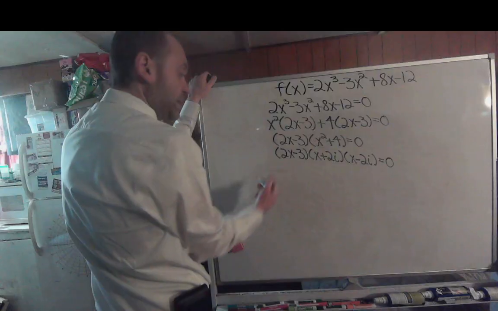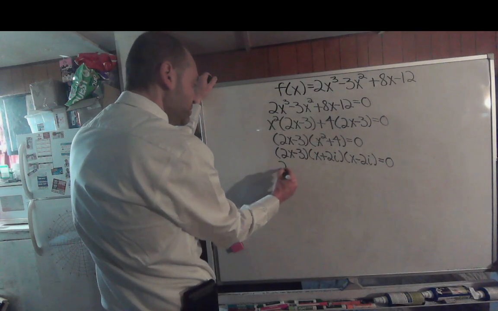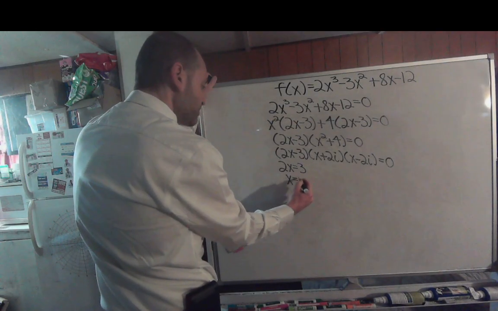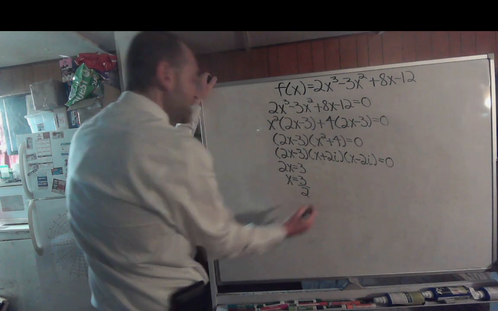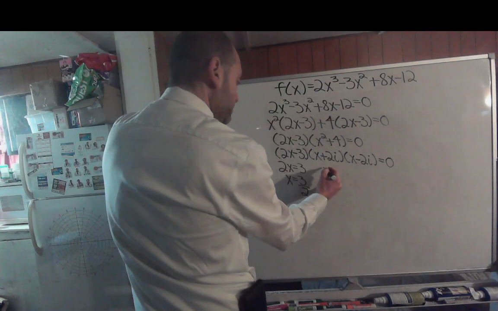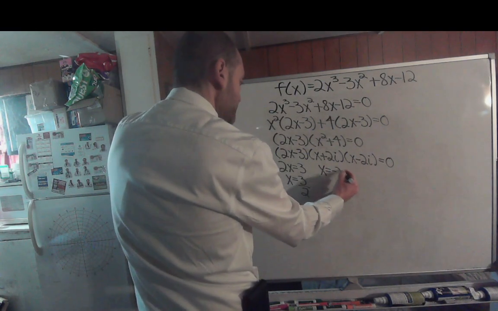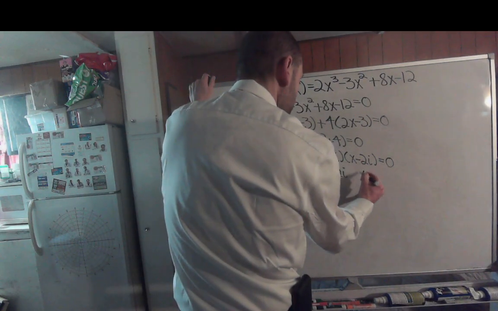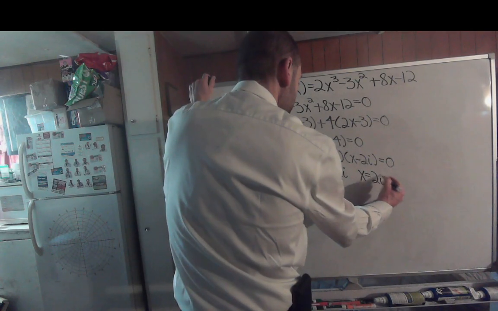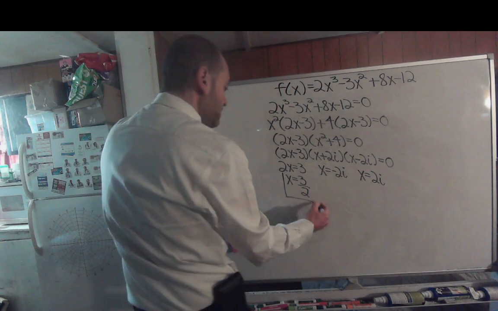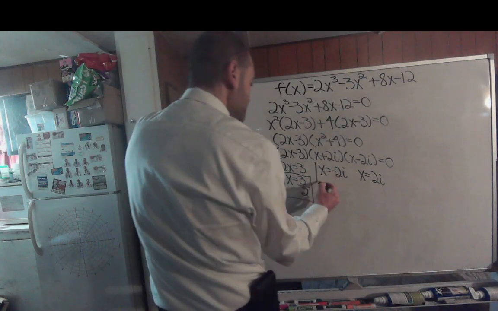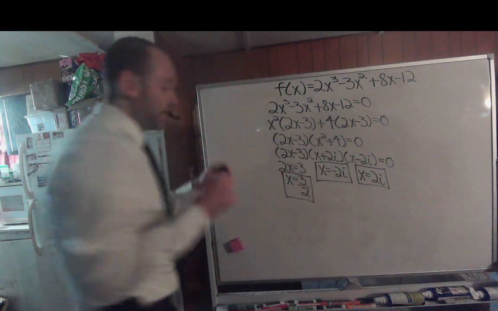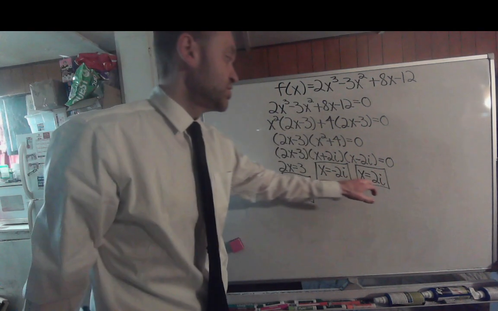So set 2x minus 3 equal to 0, you get 2x equals 3, x equals 3 halves. Then x plus 2i equals 0, so you get x equals negative 2i, and x minus 2i equals 0, so then you get x equals positive 2i. So there's your three solutions: x equals positive 3 halves, and both plus and minus 2i.